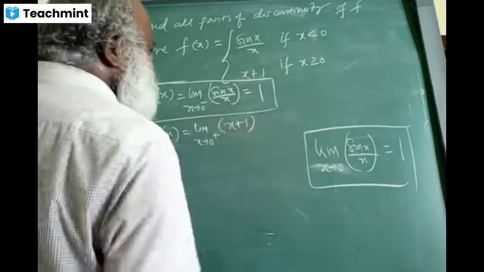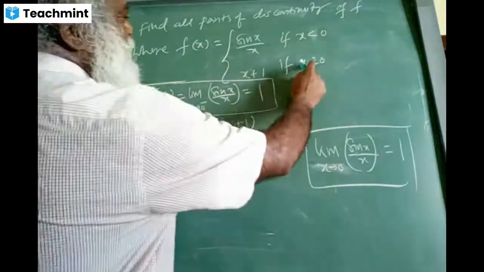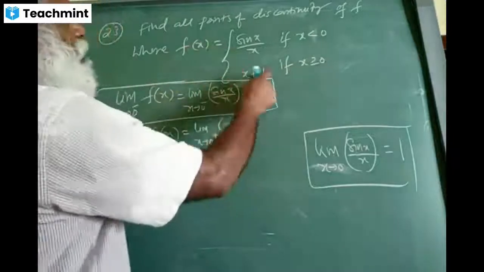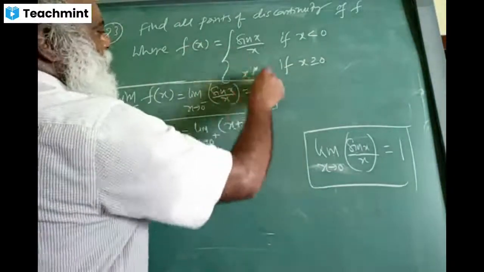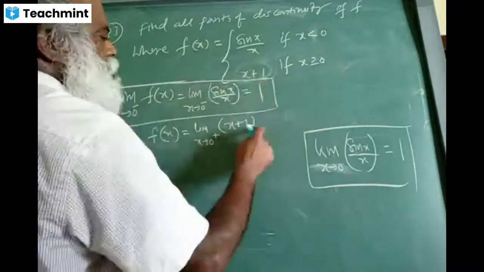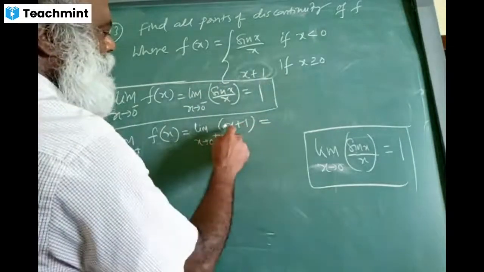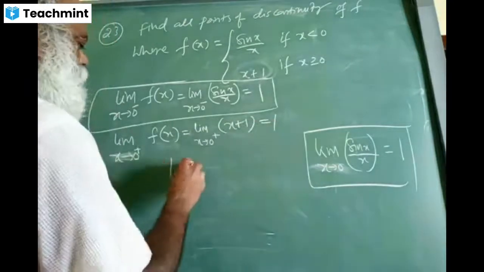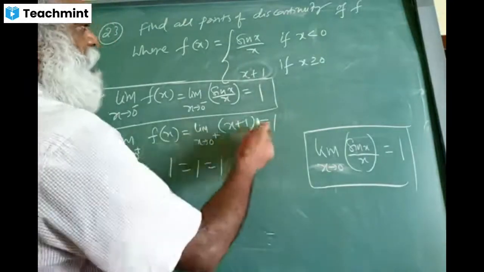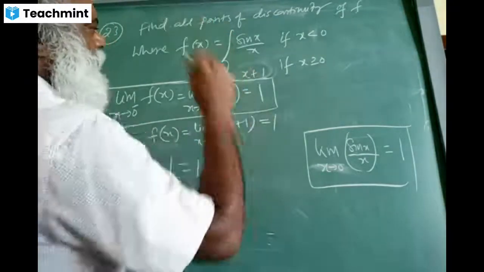And we need not do the third one. Why? Because for x equal to 0, f of 0 and 0 plus 1 is the same function. So what is the answer? Put x equal to 0 here, 0 plus 1 is equal to 1. So 1 equal to 1 equal to 1. Third one, f of 0, is also 1.